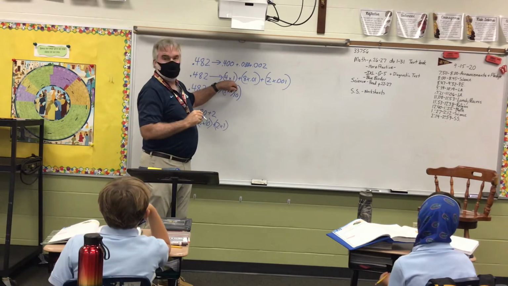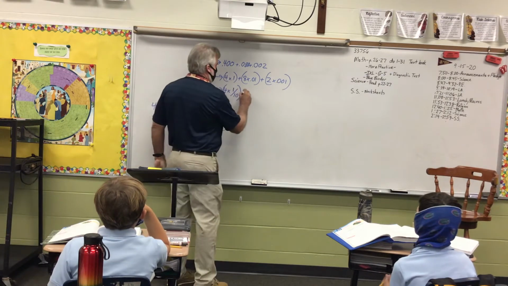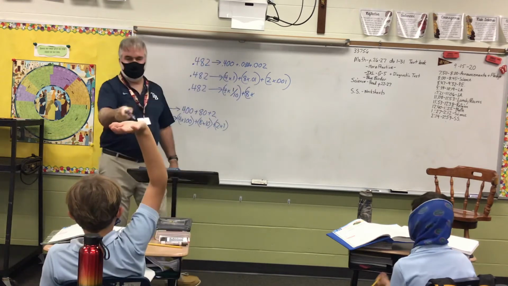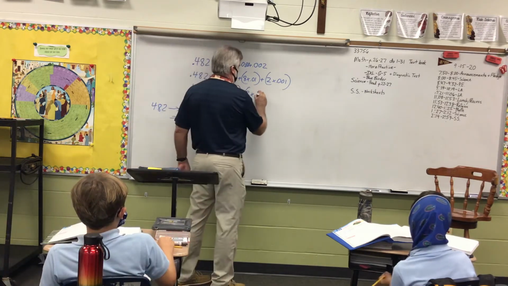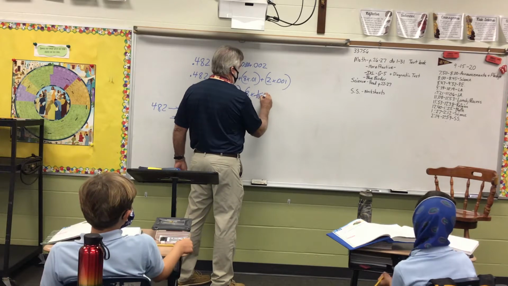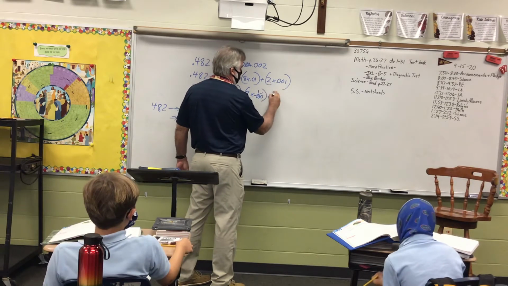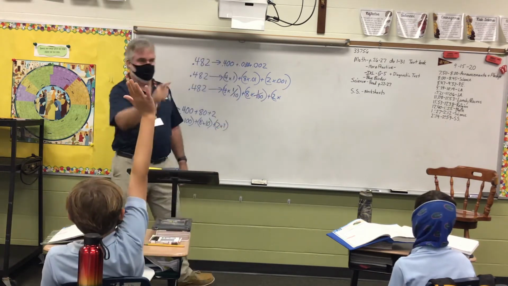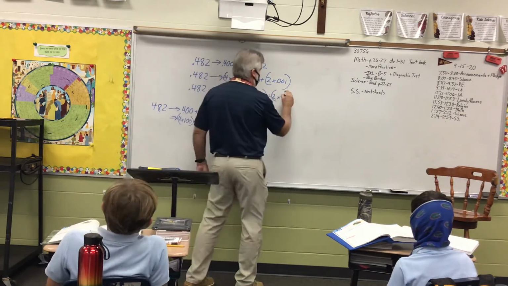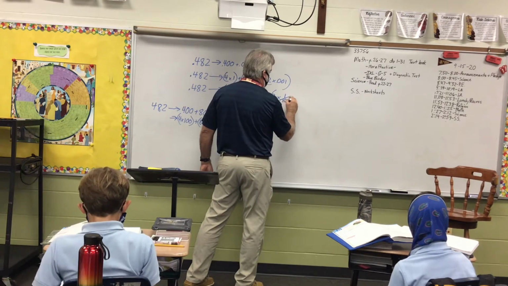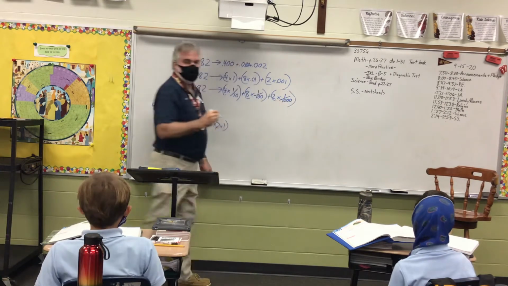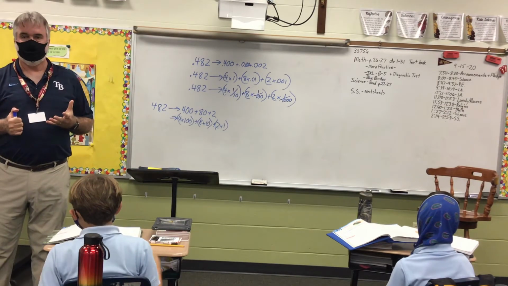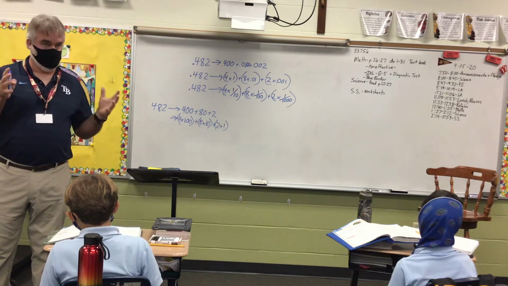Plus 8 times, what's this one? 1 over 100. Plus 2 times, what's this? 1 over 1,000. That's expanded form. Are we good with that?